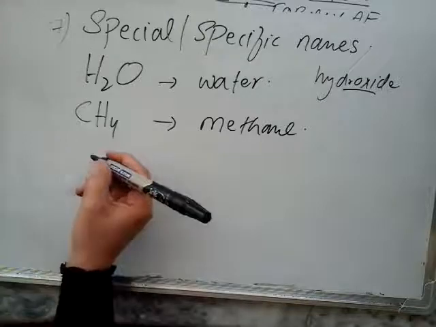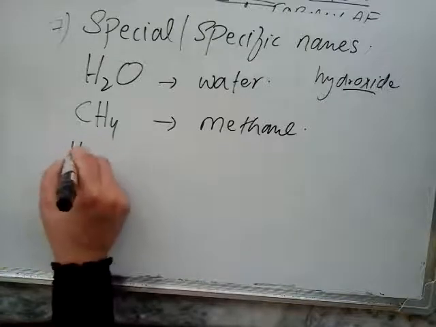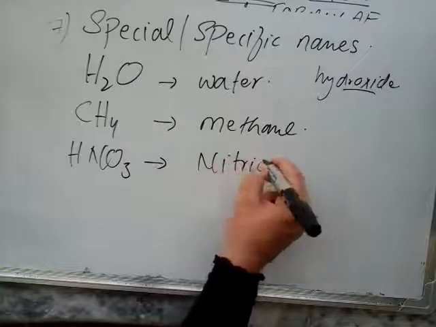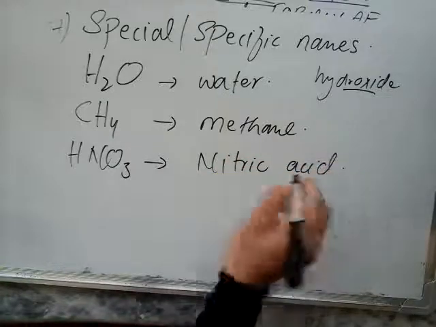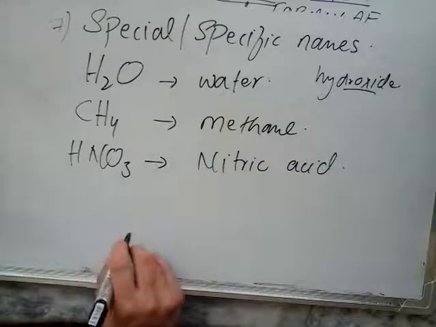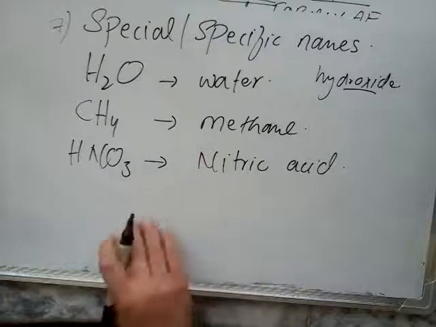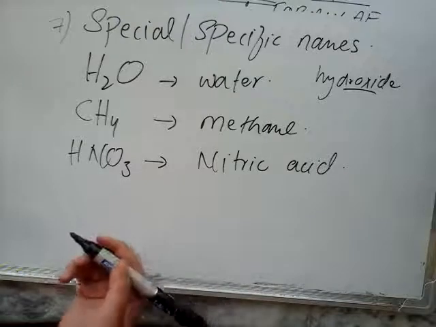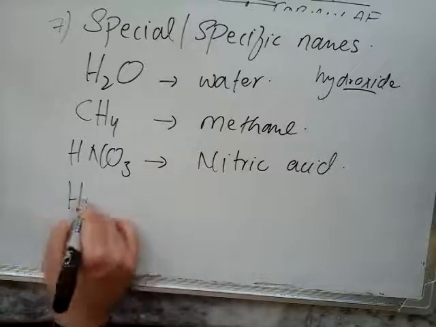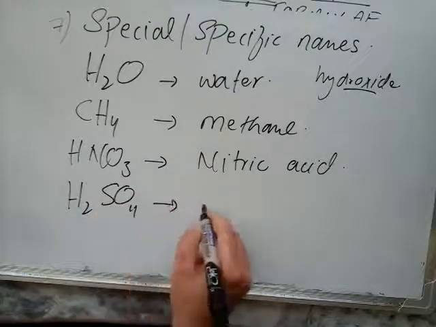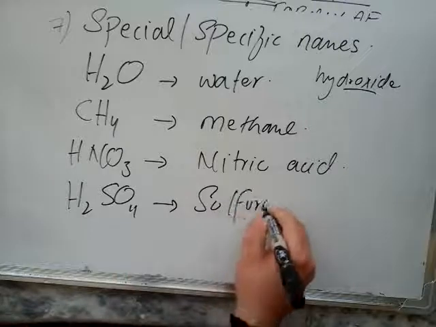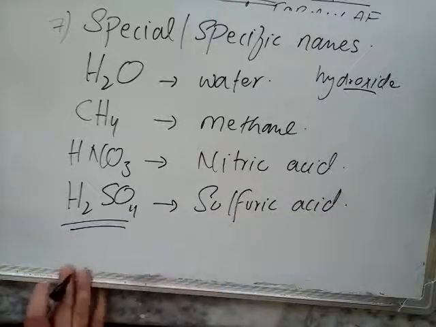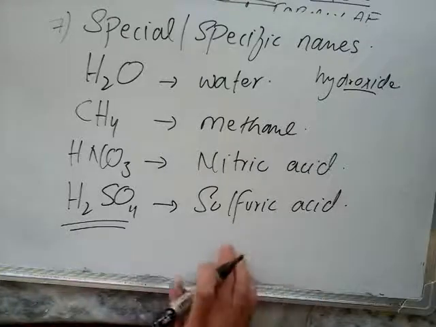Then HNO3 is nitric acid. Sometimes names are also given to compounds. Is that clear? This is how you need to memorize these names of compounds. For example, sulfuric acid, H2SO4, which is also the king of acids. The king of acids is sulfuric acid, H2SO4.